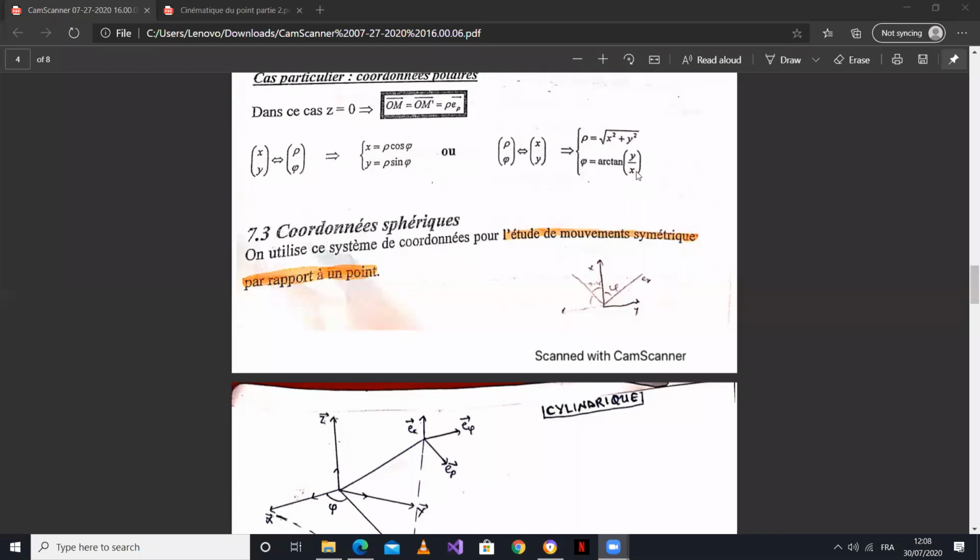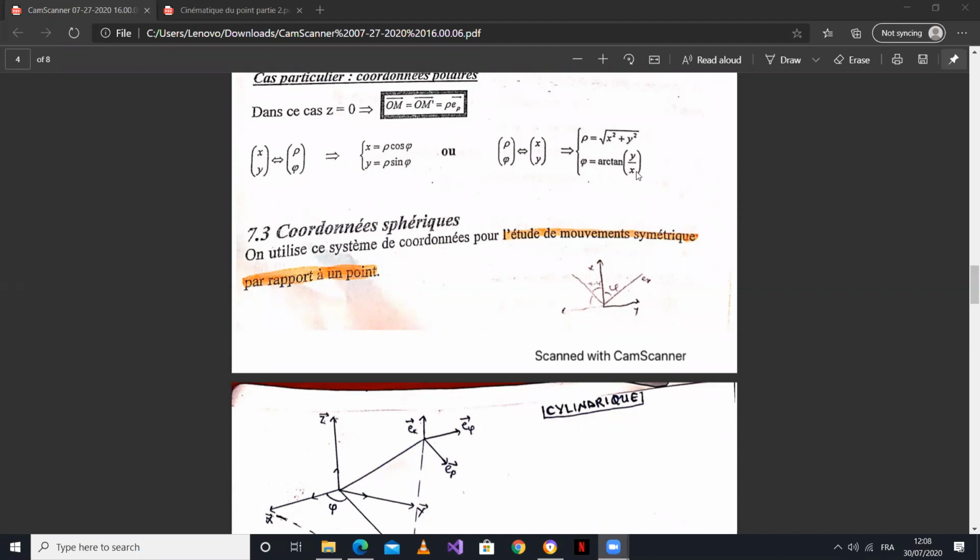I hope you revised what we did yesterday and it's clear, because we are going to advance. Yesterday we looked at the Cartesian coordinate system and the cylindrical coordinate system.